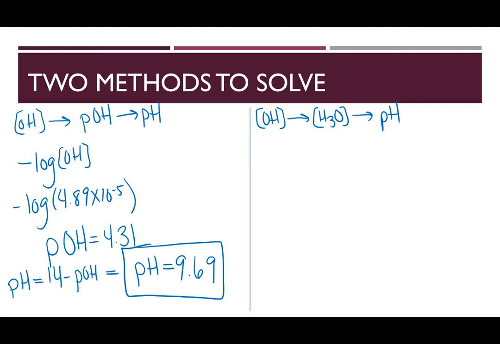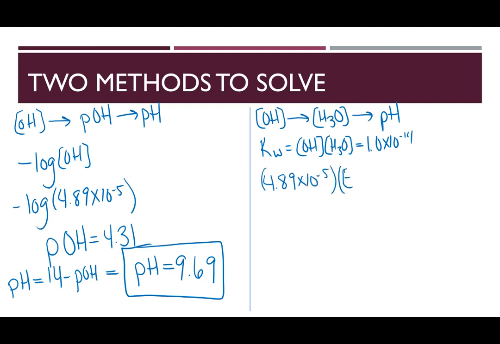Okay. Coming at it from the other side, to go from hydroxide to hydronium, we would use this guy right here. So Kw equals hydroxide times hydronium, and that's 1.0 times 10 to the negative 14th. So we've got 4.89 times 10 to the negative 5th times hydronium equals 1.0 times 10 to the negative 14th.